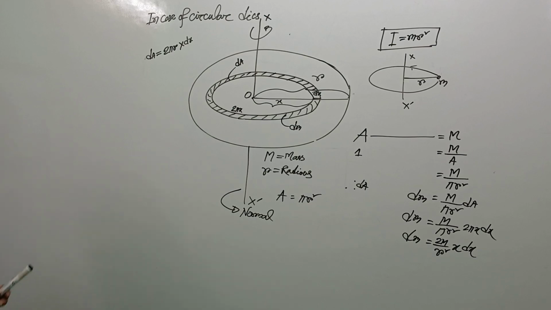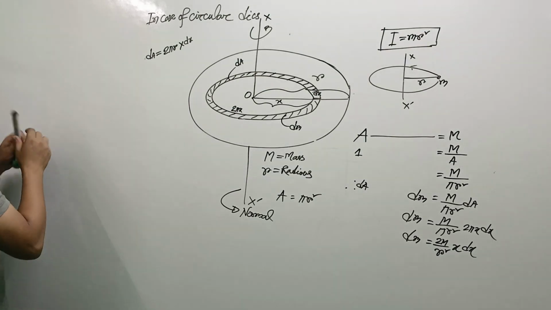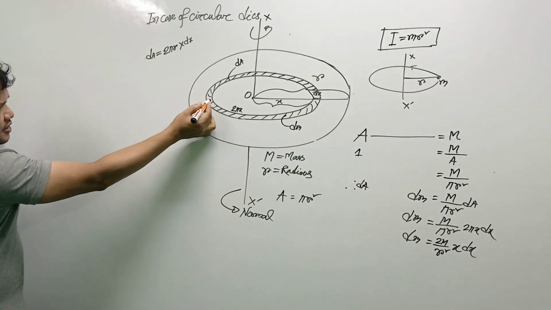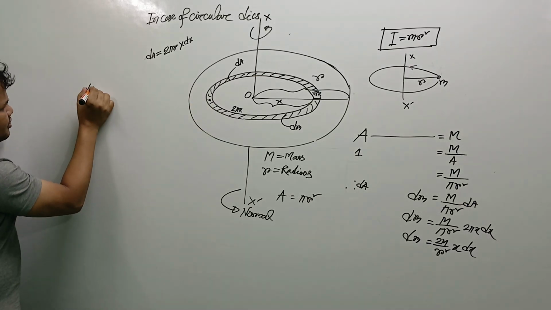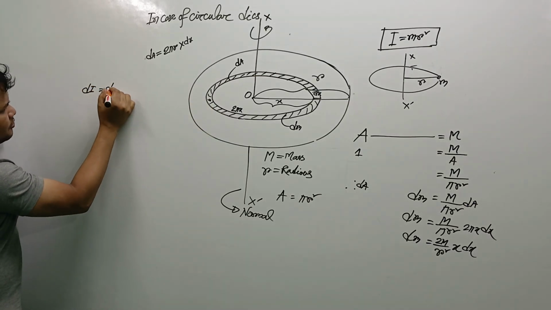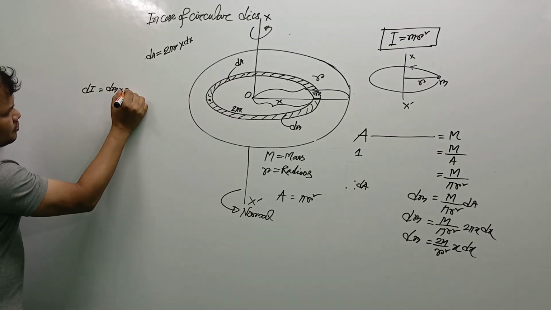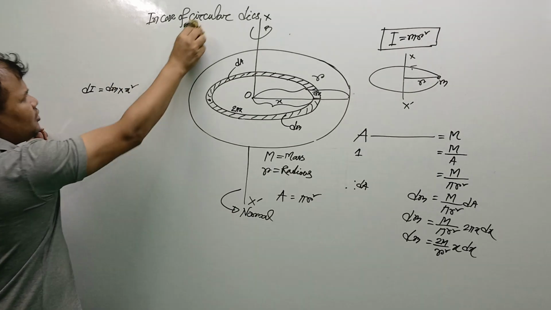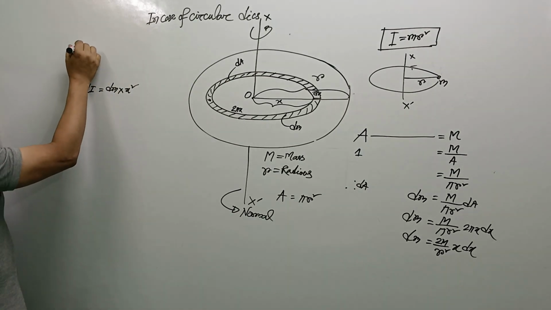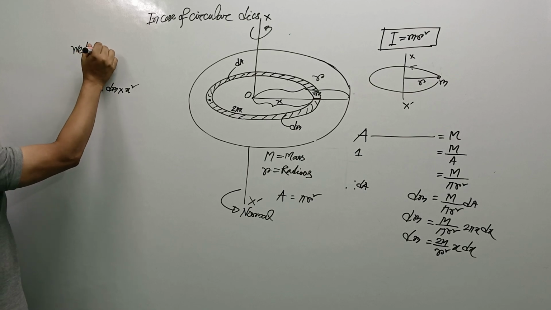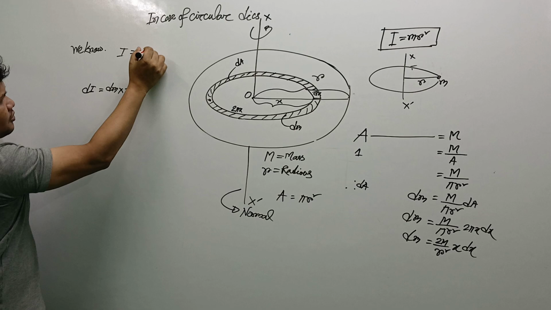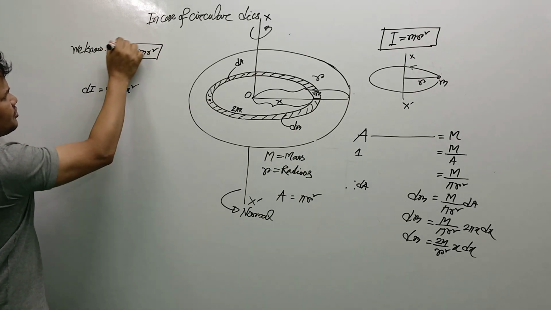Now we write the equation of the moment of inertia. Let the very small moment of inertia of the smallest section be dI, equal to dm into x square. Where do we get this equation? We know the equation of moment of inertia, I is equal to m r square.